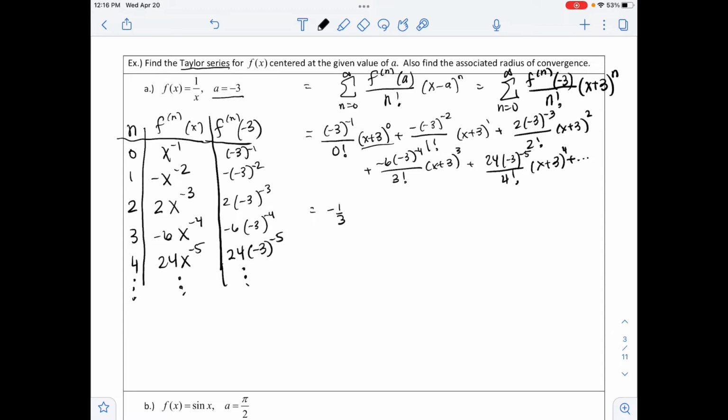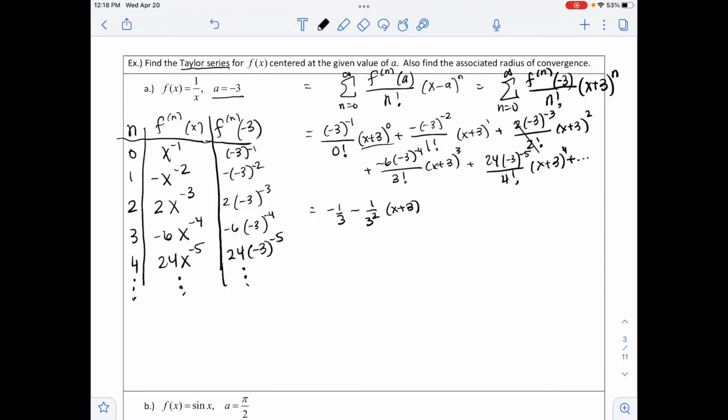The next term we have is going to be a negative, and it works out to be -3 to the negative second over 1 factorial, and 1 factorial is just 1. And so the 3 would actually move to the denominator and would stay 3 squared. And we have x plus 3. In the next term, we have a 2 in the numerator and a 2 factorial, which is just 2 in the denominator. So that would reduce out.